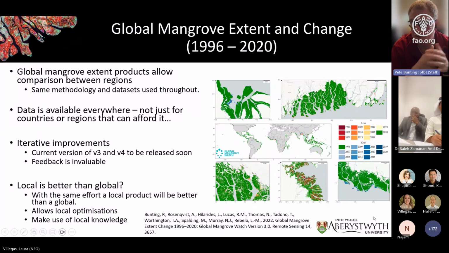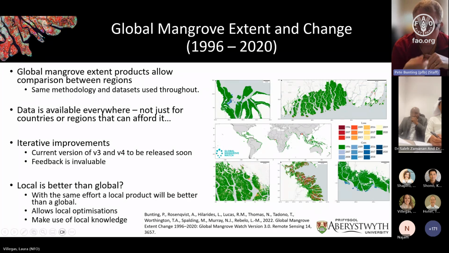We have these change products from 96 to then 2007, 2008, 2009, 2010, and then we jumped to 2015, 16, 17, 18, 19, and 20. We will be soon releasing products after 2020, definitely up until the end of 2023 quite soon, and next year going into 2024.